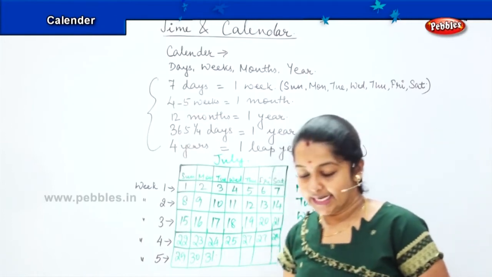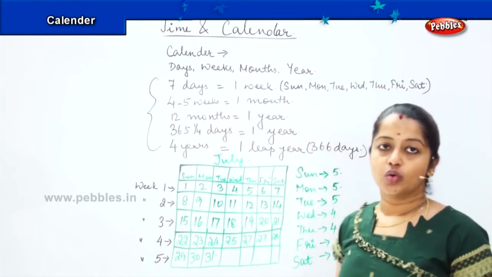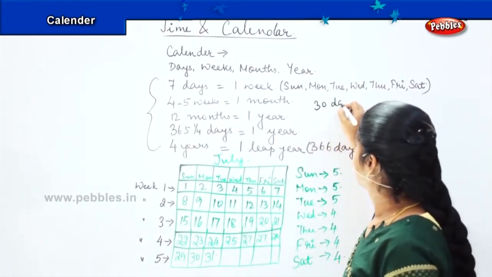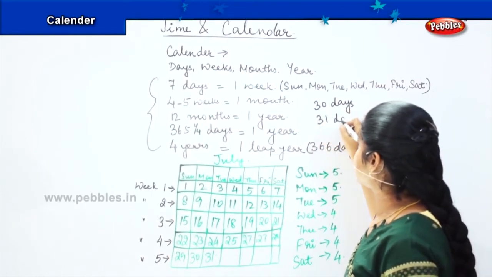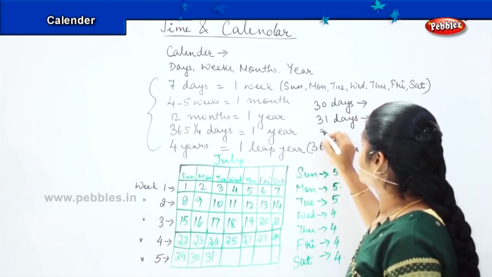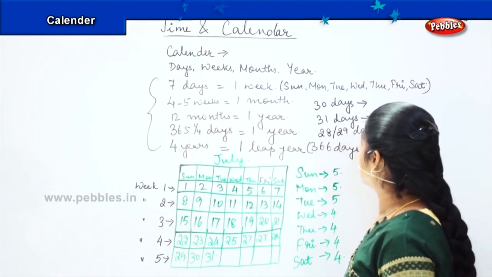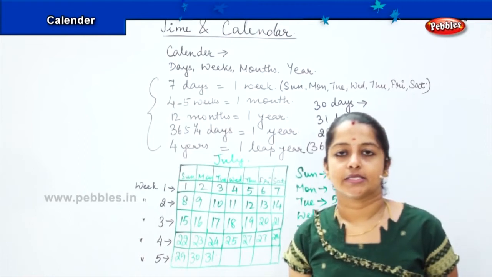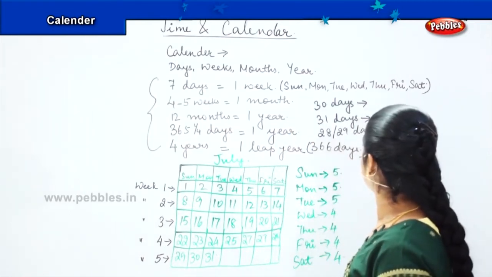Now, the next thing which we cover in a calendar is the months. Some months have 30 days and some months have 31 days. Right? And some months have 28 or 29 days. So can you tell me which is the month which has 28 or 29 days? Good. It is the month of February.